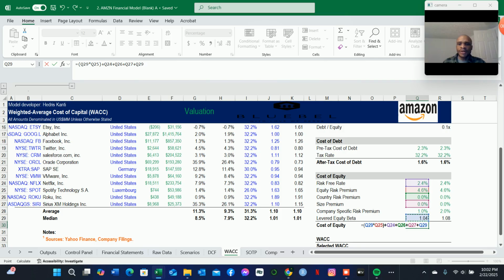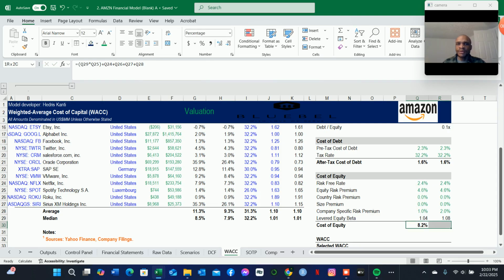And also here we have the specific company risk premium, which in this case is the unsystematic risk. We believe that if you invest in Amazon alone, you might be exposed to a kind of company risk, so should anything go bad, it could hurt because you haven't diversified your portfolio well. So we take into account that effect of company specific risk. We have that in place and we press enter. Then we fill that formula right for the high.